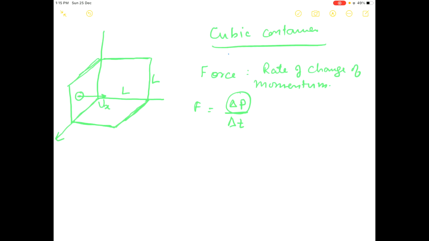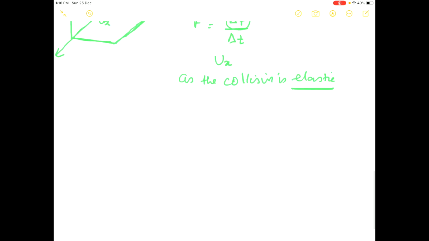If the molecule strikes the wall with velocity ux, and as the collision is elastic, after collision the velocity of the molecule will be minus ux.